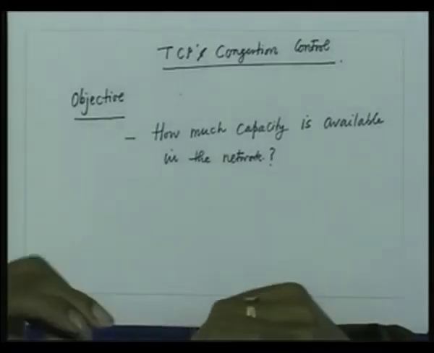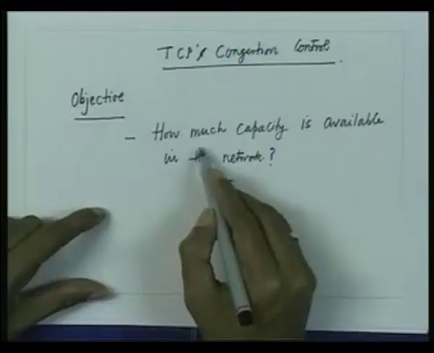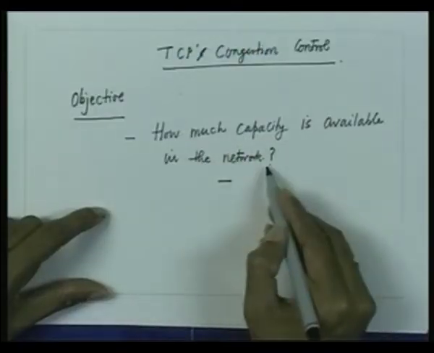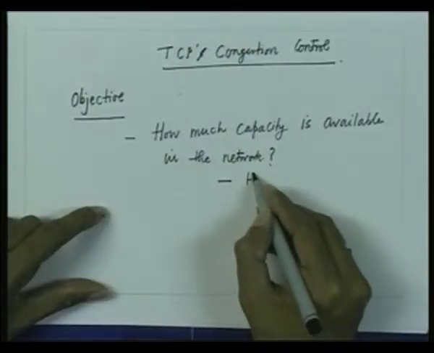So the TCP's congestion control mechanism operates by determining how much capacity is available in the network, and therefore how many packets can be injected into the network, and the technique is essentially based upon the window based congestion control mechanisms.